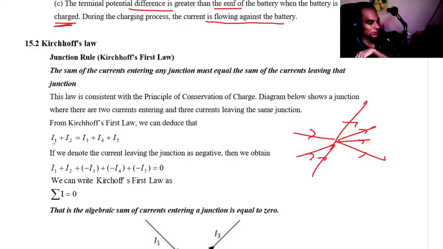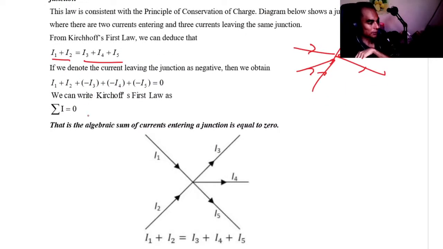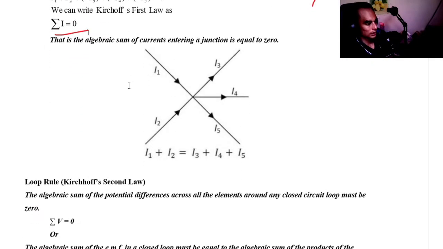So I1 plus I2 will be I3 plus I4 plus I5. Or we can write it as the summation of I equals 0. Current going in equals current going out. You can use this diagram: I1 plus I2 equals I3 plus I4 plus I5.